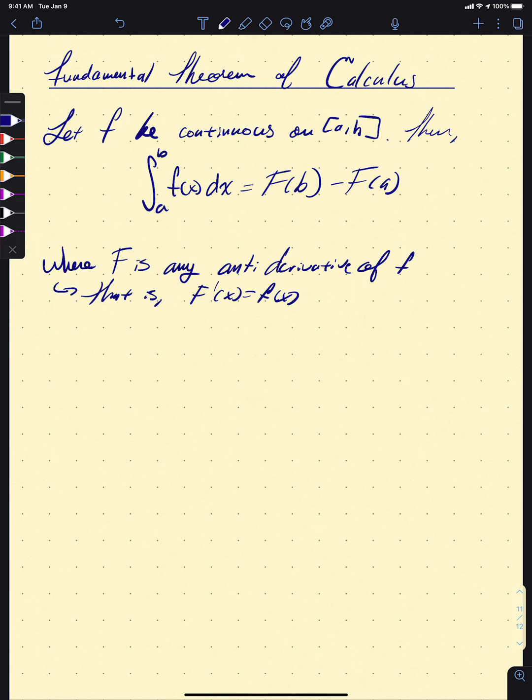Not a full proof, it takes a lot of machinery for that, but giving us an idea of why this might be the case, because it's definitely not obvious that these areas and these derivatives have anything to do with each other whatsoever, which is why this is such an important and fundamental theorem.